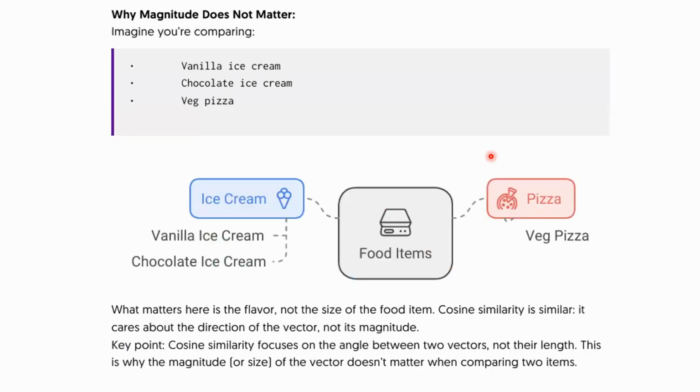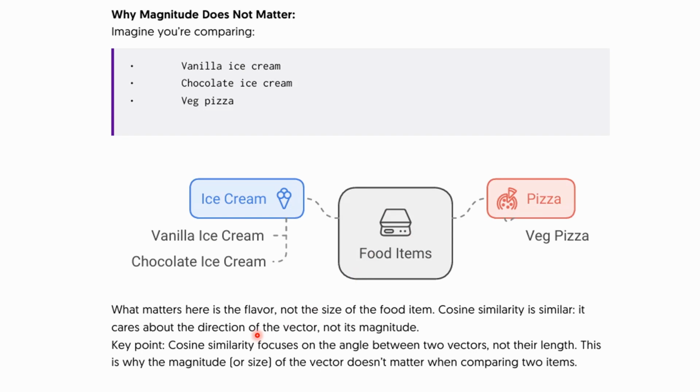Let's try to understand. Before going to cosine similarity, note that here magnitude does not matter. Maybe if you are not from a technical background, let's try a simple illustration. Imagine you have a database which has ice cream and pizza. Vanilla ice cream and chocolate ice cream are both similar, whereas veg pizza is not similar.